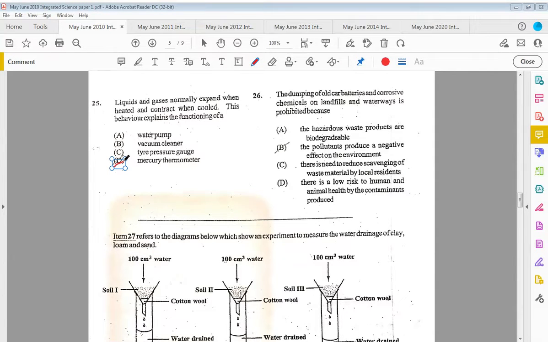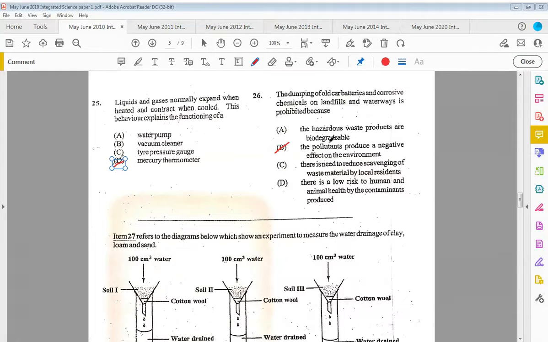And 26, the dumping of old car batteries and corrosive chemicals on landfills and waterways is prohibited because D, the pollutants produce a negative effect on the environment. What are the other options we had? We had the hazardous waste products are biodegradable.